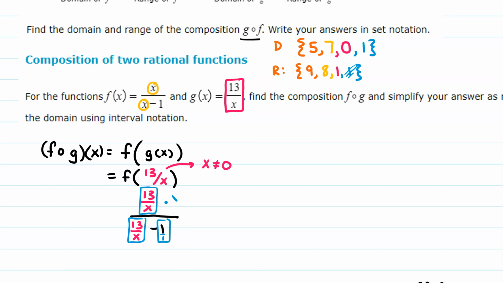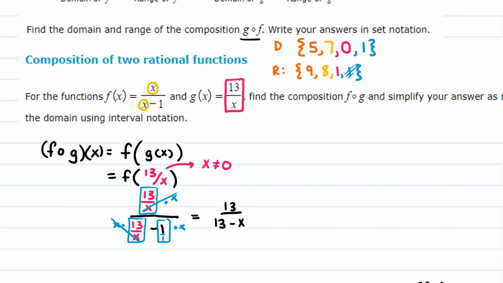So if I times all 3 of them by x, on top the x cancels with the x on bottom, and I just have 13. And then on bottom, x cancels with x, so I have, again, just 13. And then on this last fraction, nothing cancels, so 1 times x is just x.